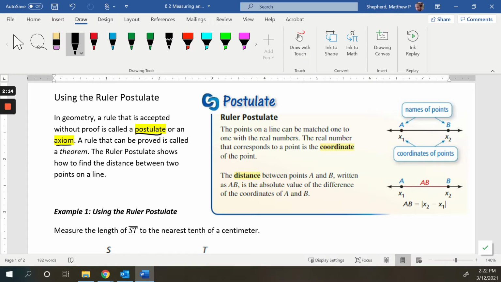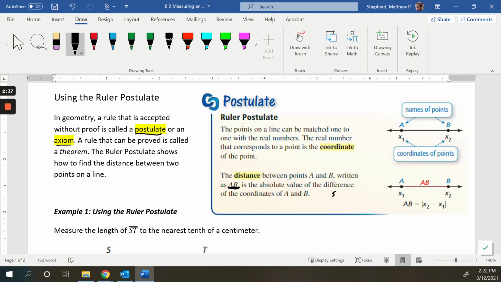Okay, so we're getting some definitions there. So whatever number corresponds to A and whatever number corresponds to B, that's the coordinate. The distance between those 2 points, A and B, written as AB, so that's another definition. Here's how we write the distance between A and B: it is the absolute value of the difference of the coordinates.